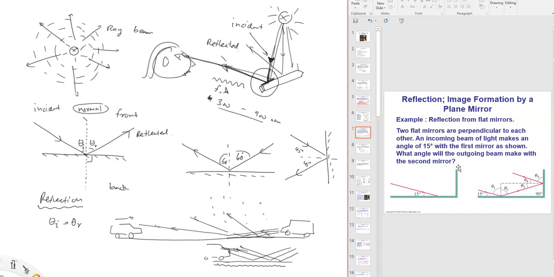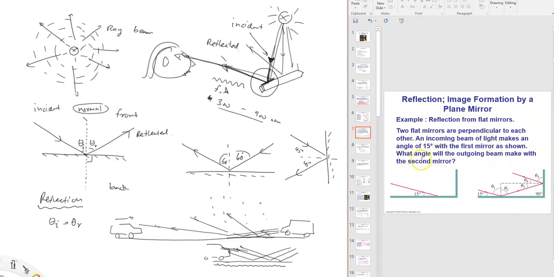So here's an example. Give it a try. Light comes in with an angle of 15. Now this angle here is marked between the light and the mirror surface. So you need to draw the perpendicular, the normal, and measure that angle. Think about the reflection, and then it hits the second mirror and reflects back.